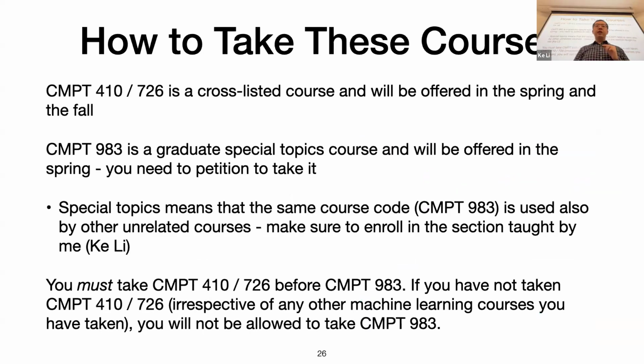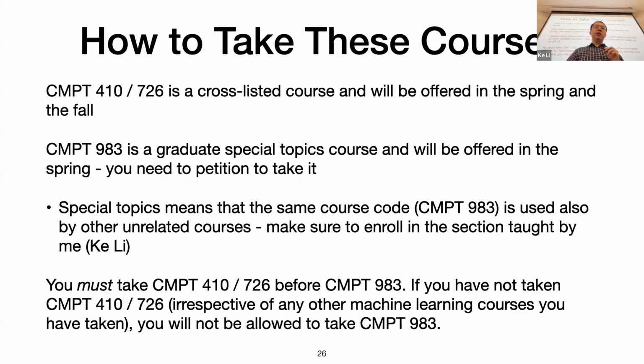Now, how do you actually take these courses? The first one, machine learning, is a cross-listed course, offered in the spring and the fall, so it's pretty easy to take. You can just select the course. The second course, the generative modeling course, is a graduate level special topics course offered in the spring.